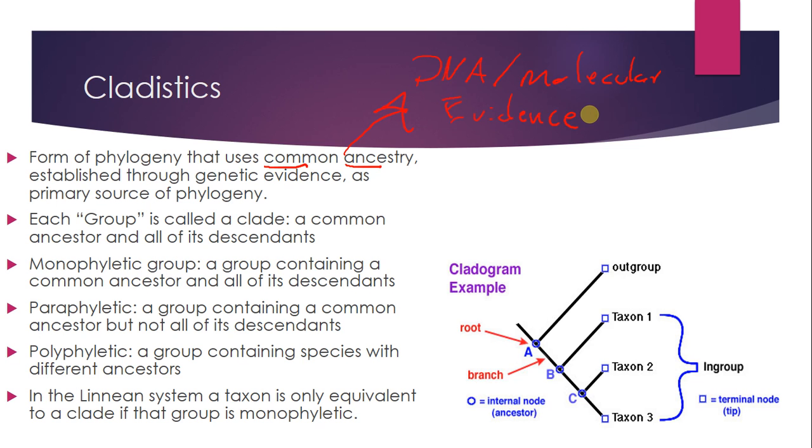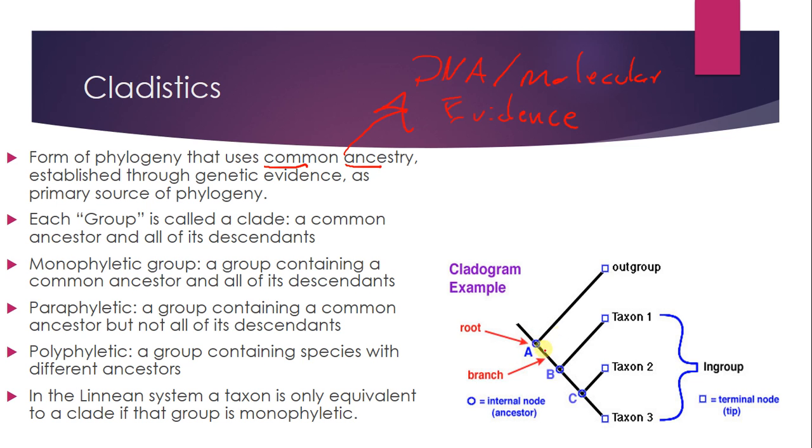So we're only paying attention to genetic and evolutionary relationship, okay? And in cladistics, we make phylogenetic trees like this. They're called cladograms in that case.